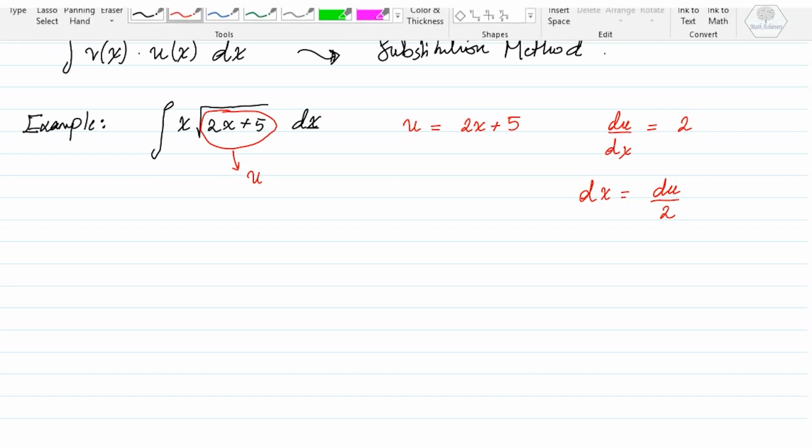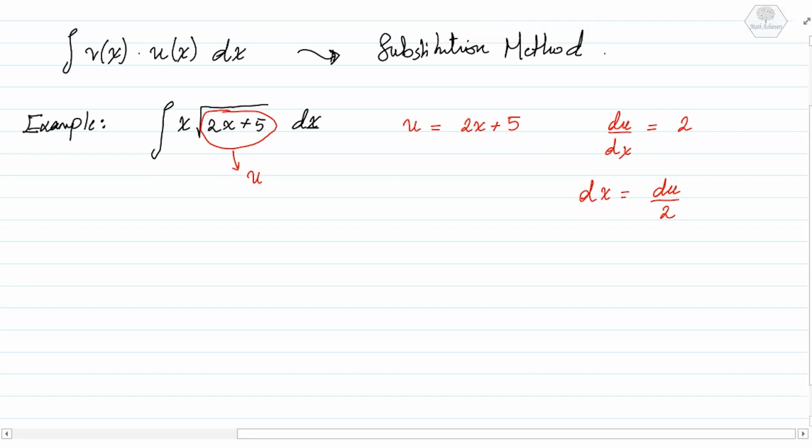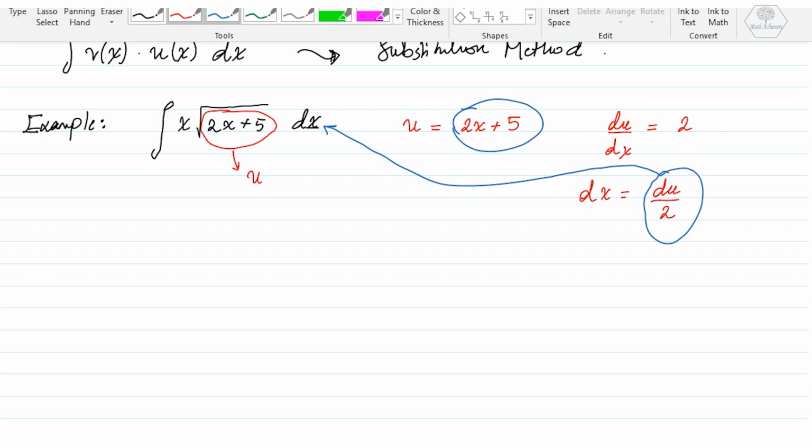Now, simply I substitute. That's why I call it substitution. I substitute u instead of the 2x plus 5, and I substitute du over 2 instead of the dx. And still I have this x here. So what to do with this x?